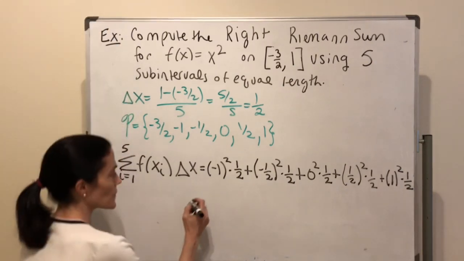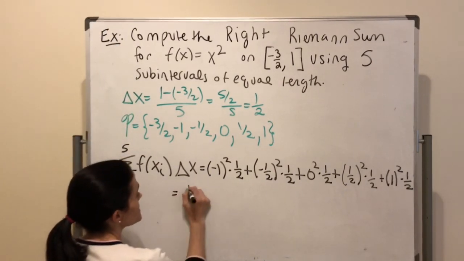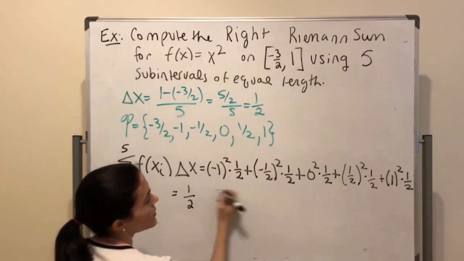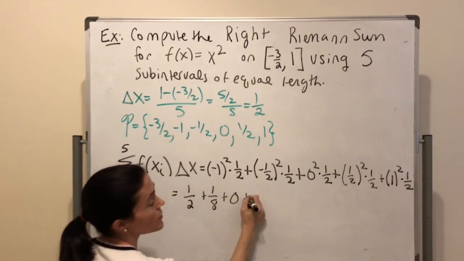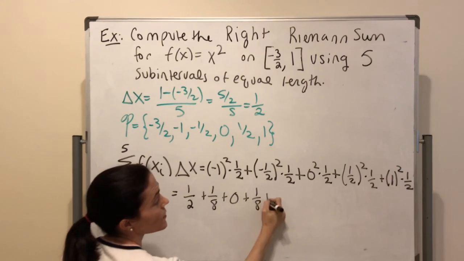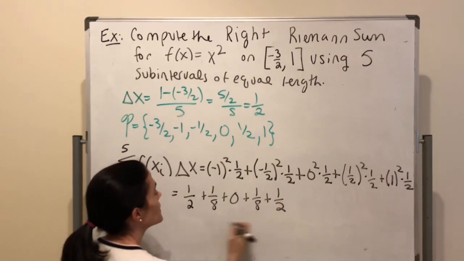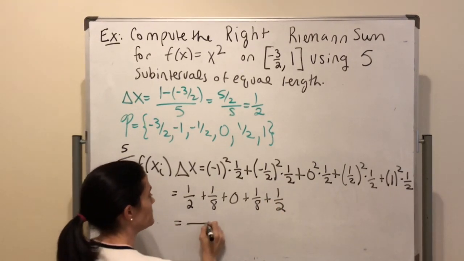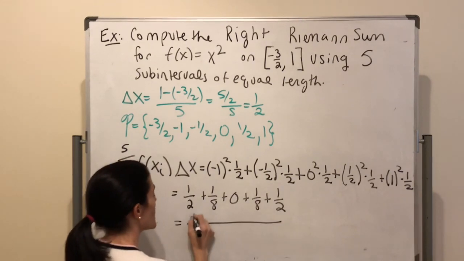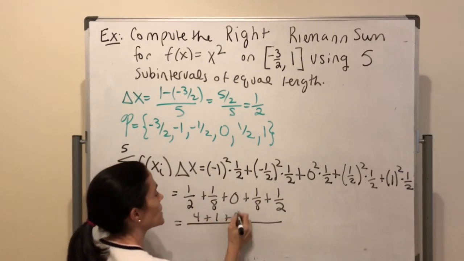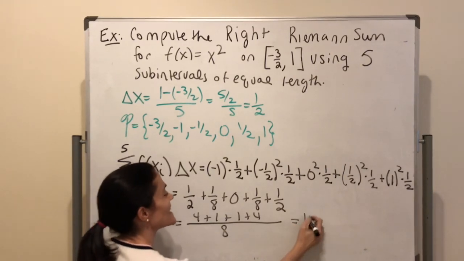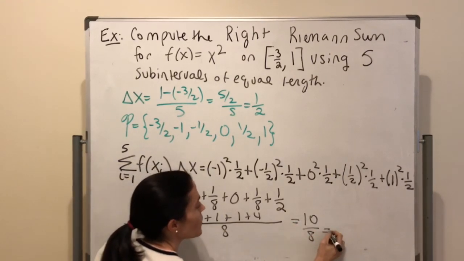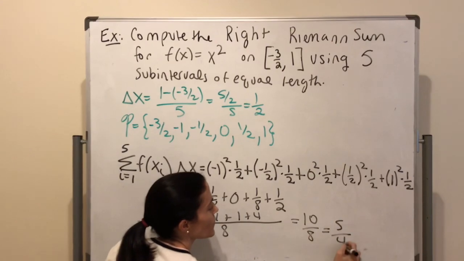Now let's figure out what this is. This is 1/2 plus 1/8 plus 0 plus 1/8 plus 1/2. Okay, we have 4 plus 1 plus 1 plus 4 all over 8. This is 10/8 or 5 over 4.